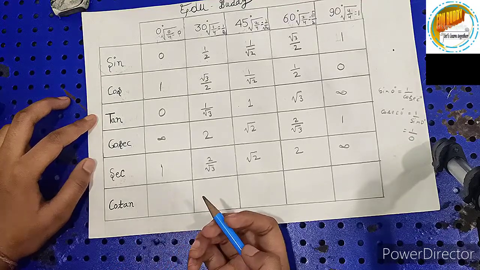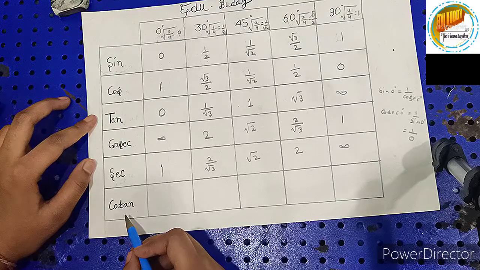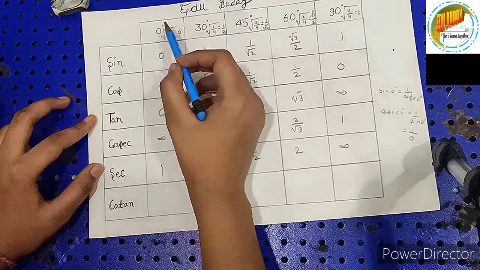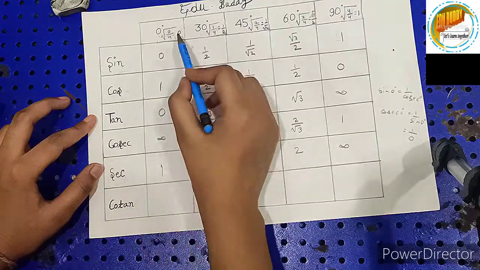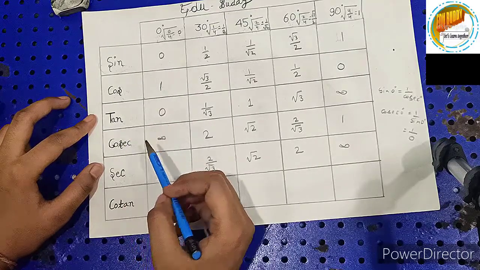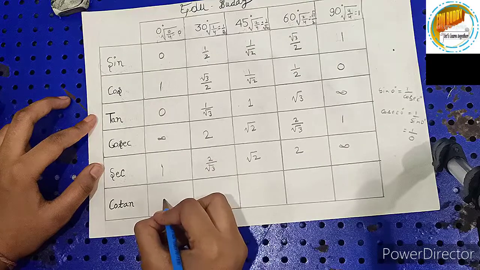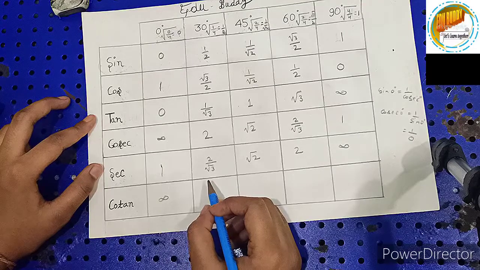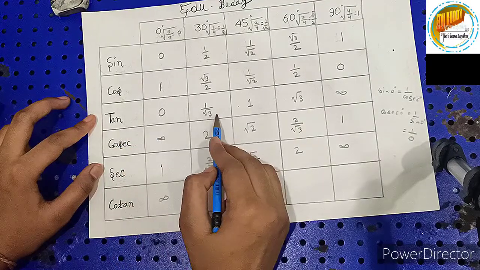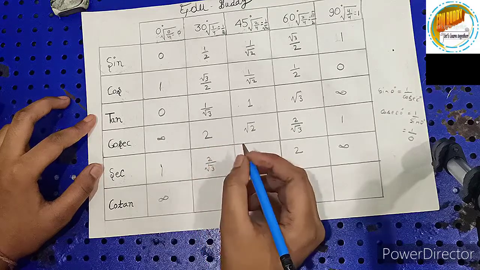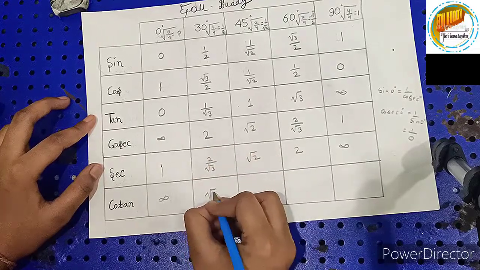Now our last trigonometric function is cotangent. Like cosecant and secant, cotangent is also 1 upon tan. It means cotangent 0 degree is the value of 1 upon tangent 0 degree, which is infinity. Now cotangent 30 degree is equal to 1 upon tangent 30 degree, which is root 3.